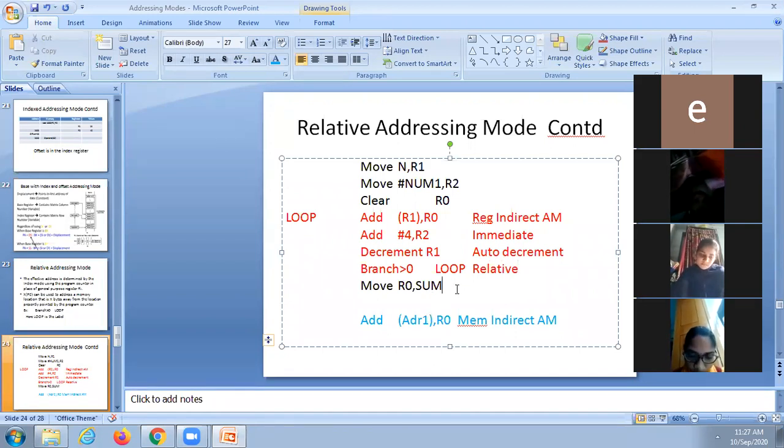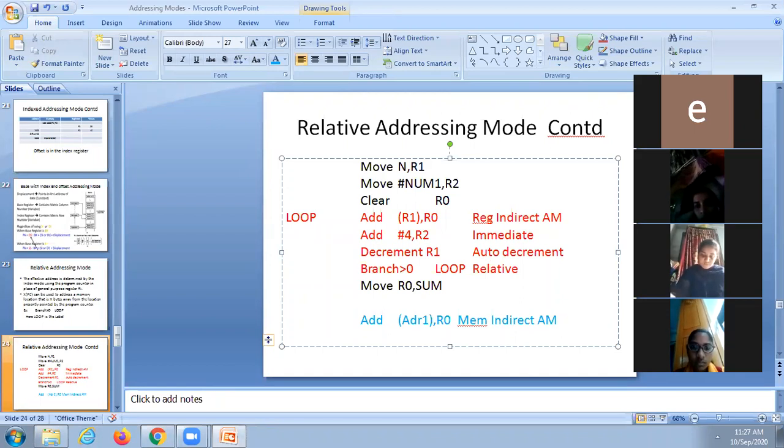This is register as well as absolute, both.